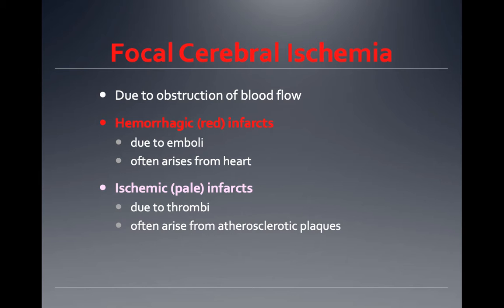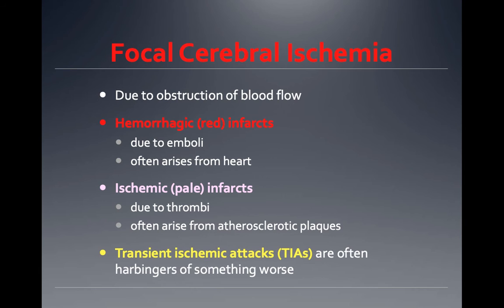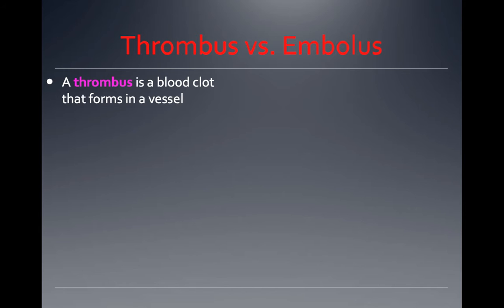And then you have what's called ischemic infarct, and this is due to a thrombus, and it gives you this more pale whitish color in the brain. This can arise from atherosclerotic plaque. A lot of times the transient ischemic attacks are going to tell you that this worse stroke type of situation can occur.